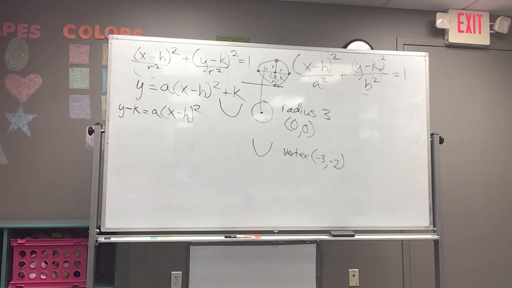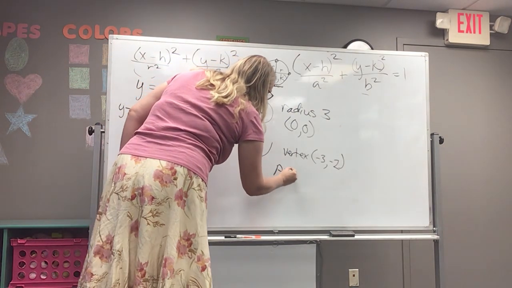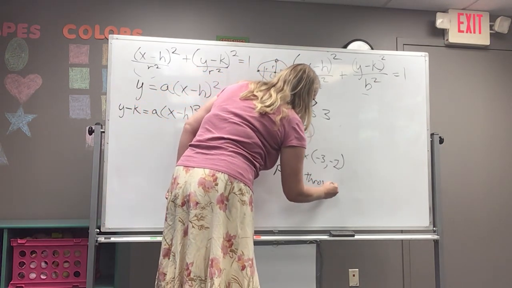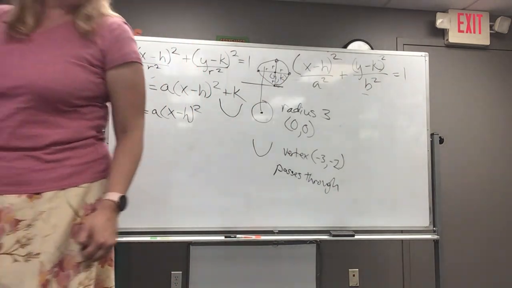It passes through -2, -1. I want to make sure I copy this right.